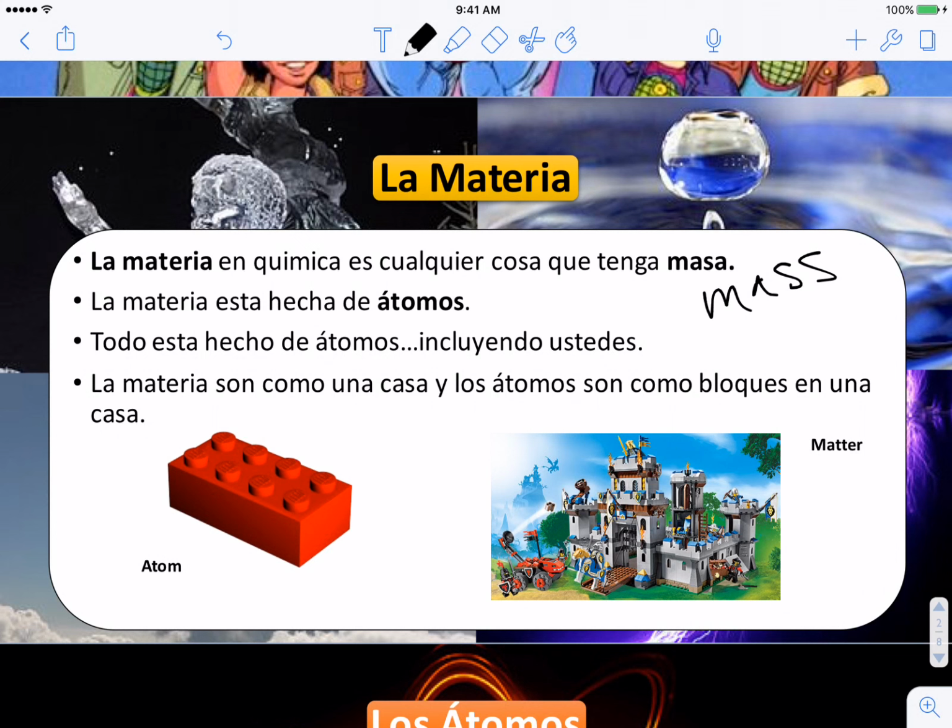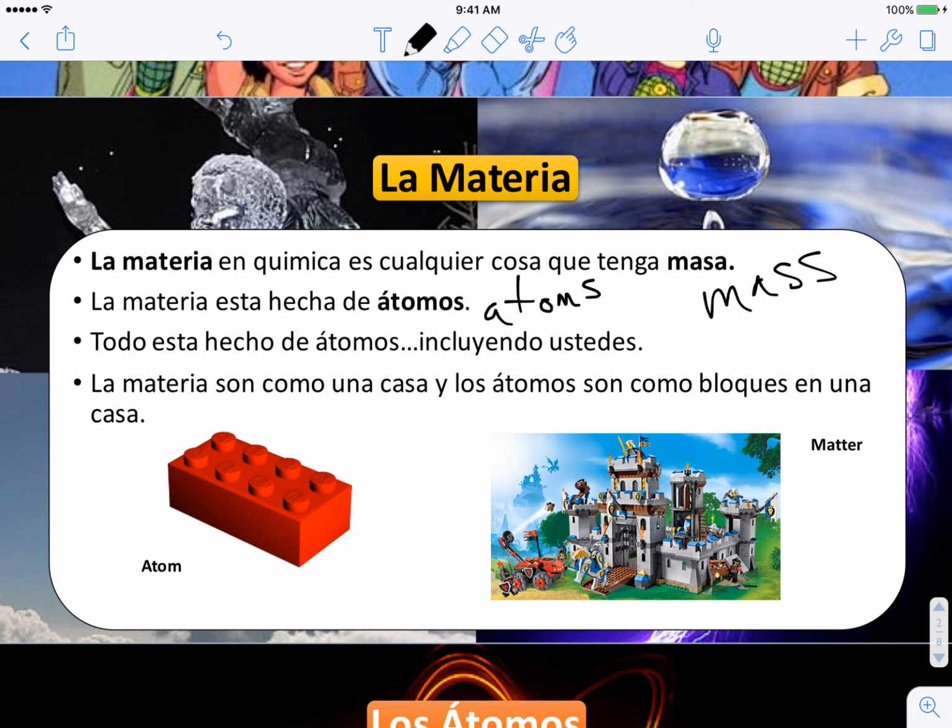La materia está hecha de átomos or atoms. Todo está hecho de átomos, incluyendo ustedes. So everything is made of matter, including you. You guys are actually made of a select few chemicals, which I will talk about in the unit.